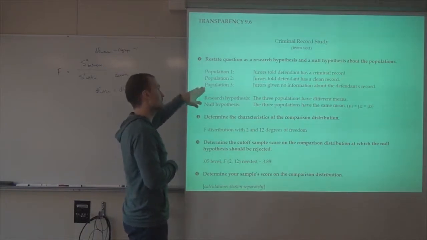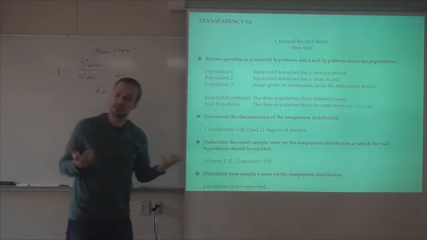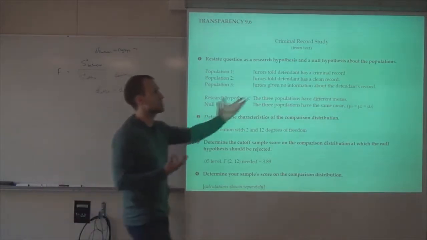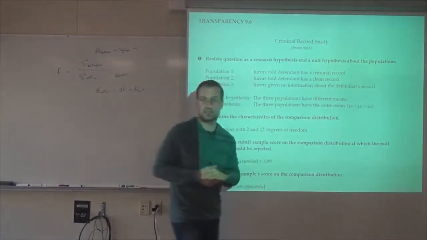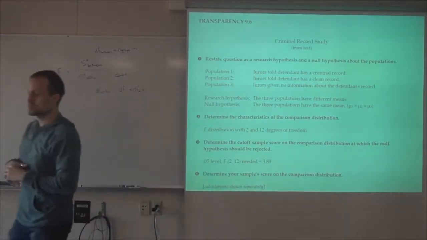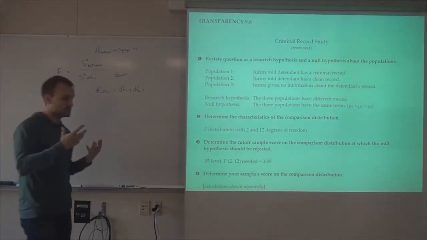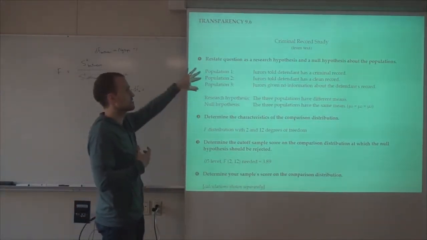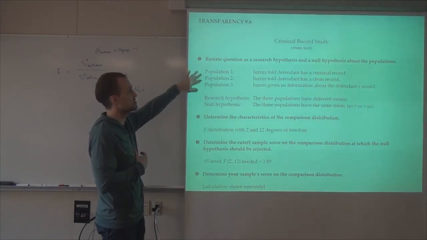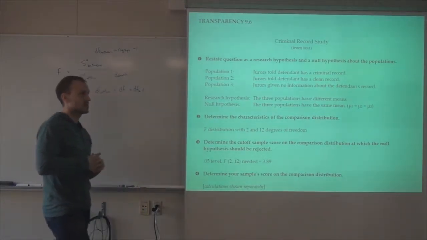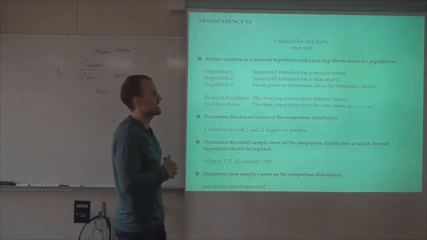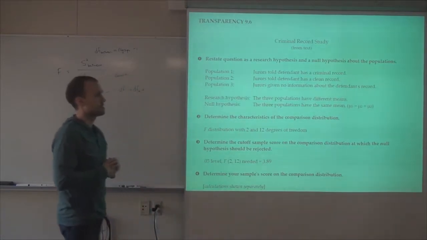Now, because I have three groups of people, they're independent, they're different groups, you can't be told they have a criminal record, and they don't. I'm shifting away from a t-test, which would have worked if I had two, but now I have more than two. So that's what puts me in the analysis of variance area.